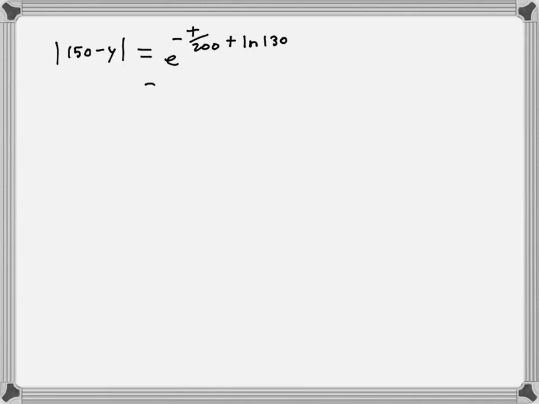But this right side actually becomes e to the negative t over 200 times e to the ln of 130, which is the same as 130 e to the negative t over 200. So I get this.